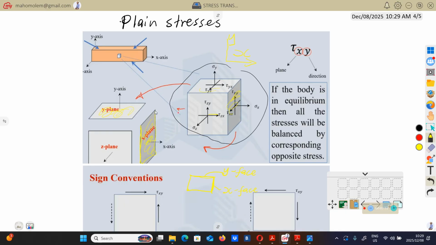We're going to call it X plane. Why are we calling it X plane? Because this plane is normal to this X direction.